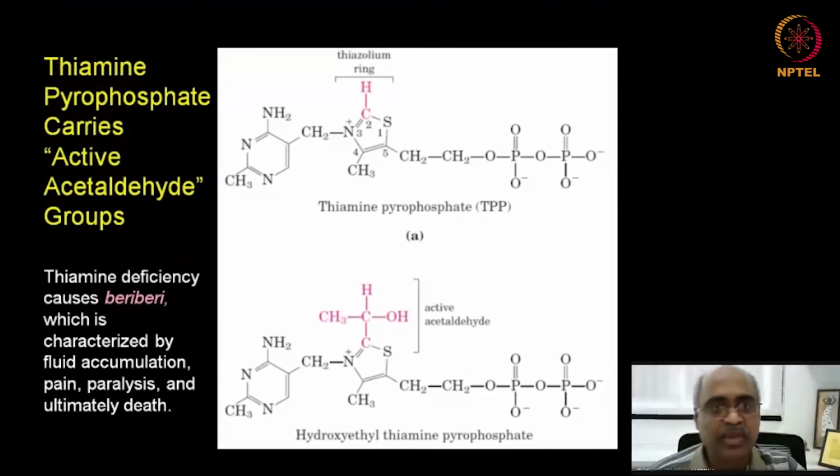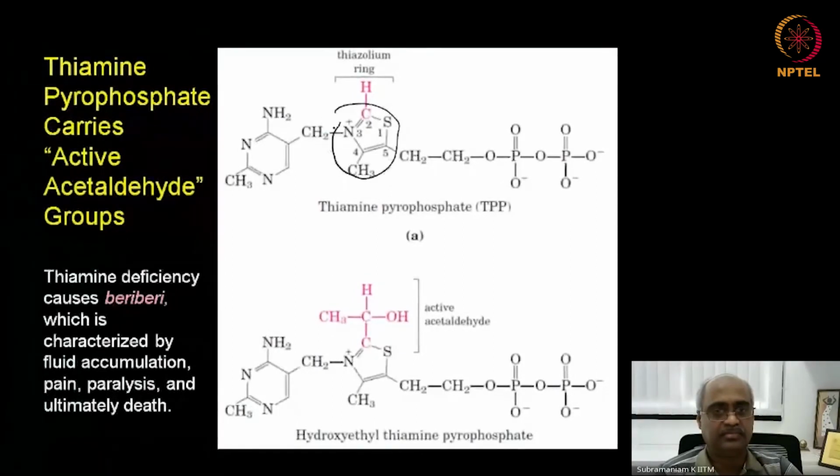I'm sure you may have learned this in chemistry somewhere, but I just want to refresh your memory. So these are called electron sinks. This kind of structure, that's an electron sink.